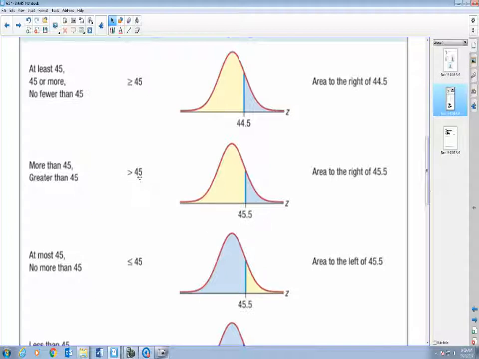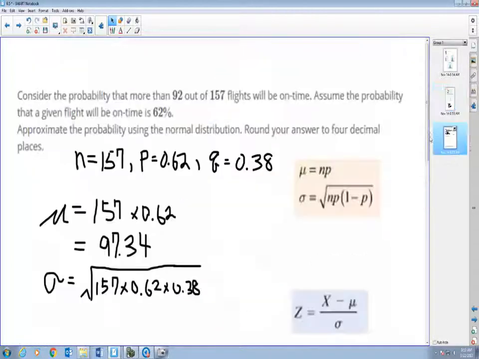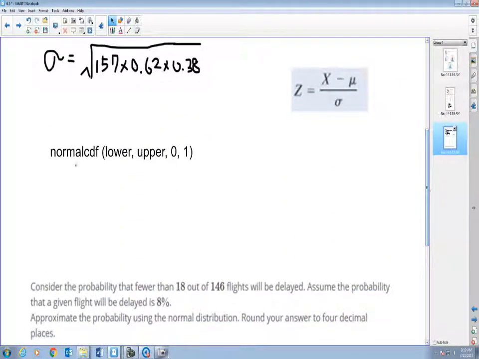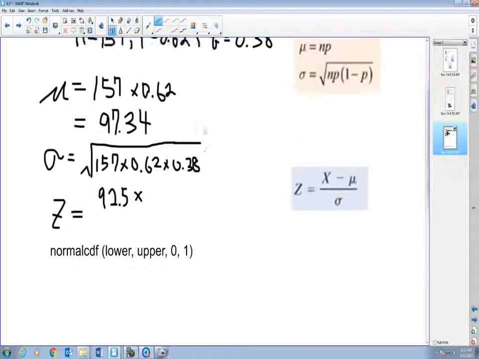So now it would be more than 92. More than 92, that means I gotta use 92.5, like I explained earlier. So my random variable x will be 92.5, starting from 92.5, going to the right.